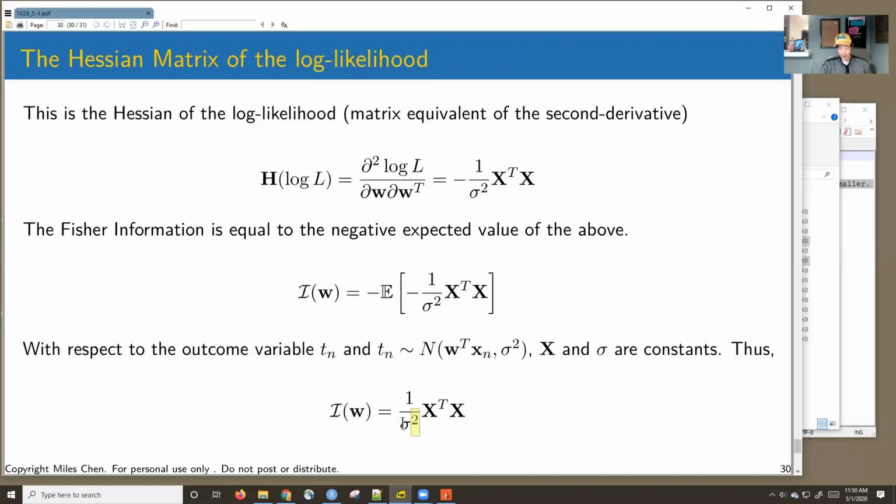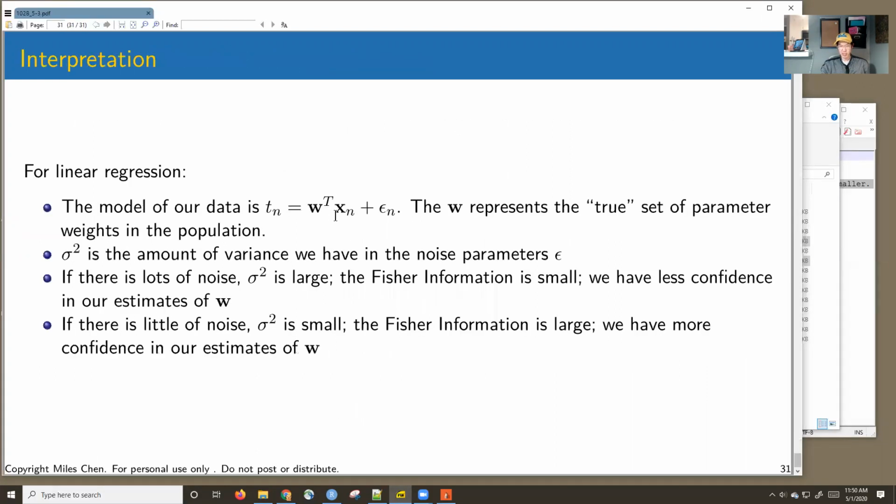The other part is the amount of noise. Sigma squared in our model is the variance of this epsilon value. W represents the true values, and then you've added some noise to get the observed values t. If there's lots of noise in epsilon, then sigma squared is going to be large.